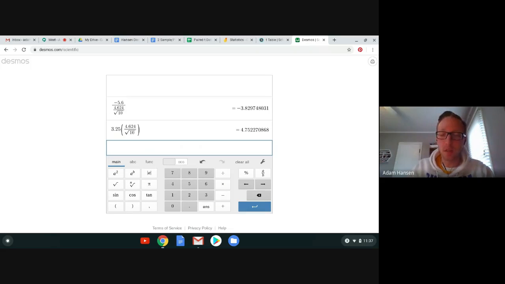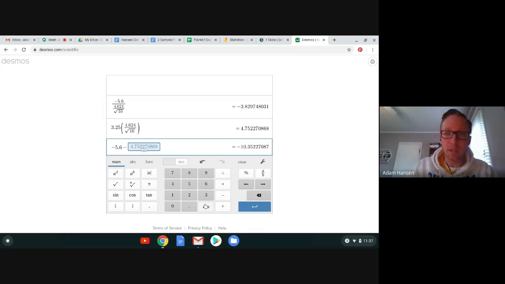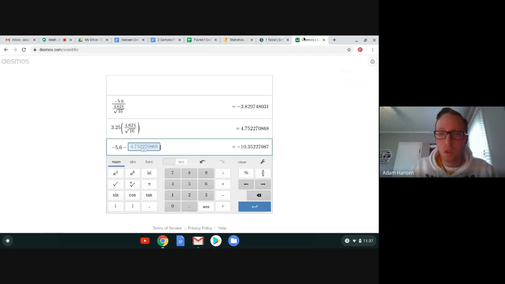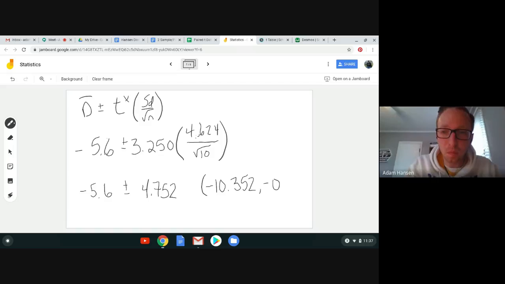So let's figure out our confidence interval by taking negative 5.6 minus the margin of error, negative 10.352. And then negative 0.848. And this would be measured in pounds.